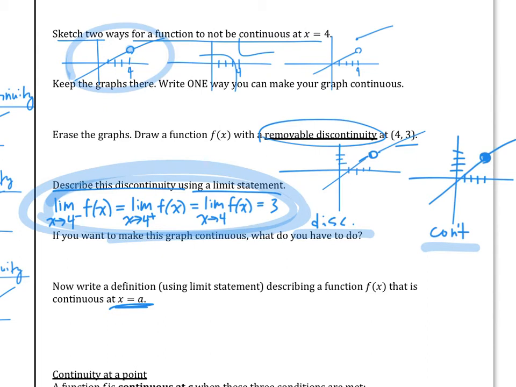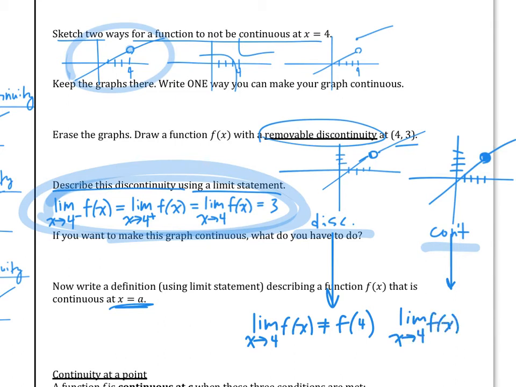The difference is for this one with a hole, the limit does not equal f of 4. For this one, the limit is equal to f of 4.